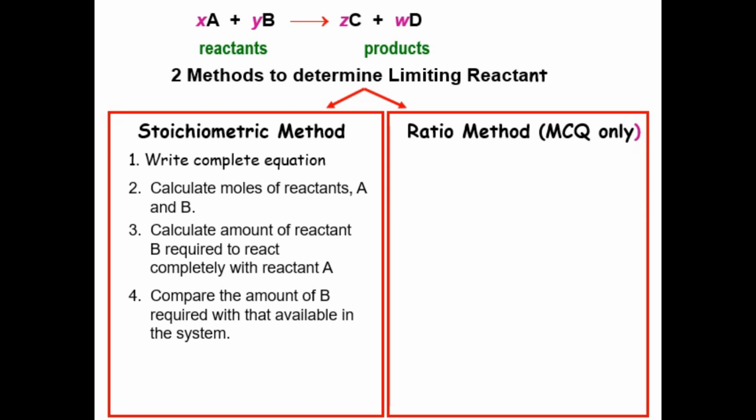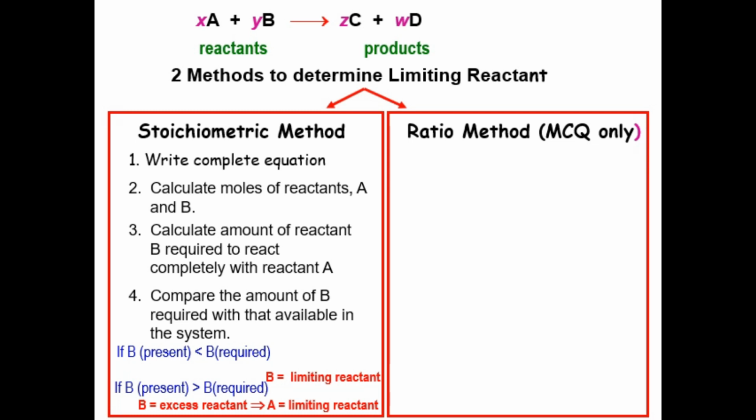Available here is given by the question. If B available or present is less than B required, then B is the limiting reactant. Now, if B present or available from the question is more than B required from the balanced equation, then B becomes the excess reactant. Now A is the limiting reactant.